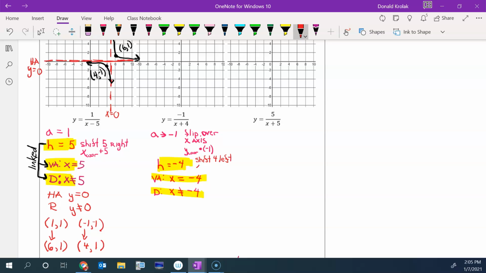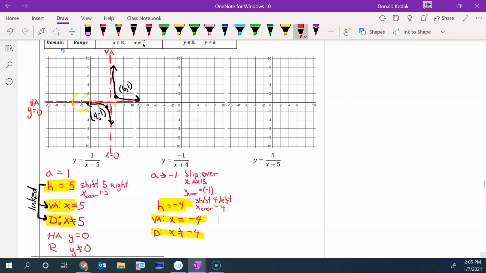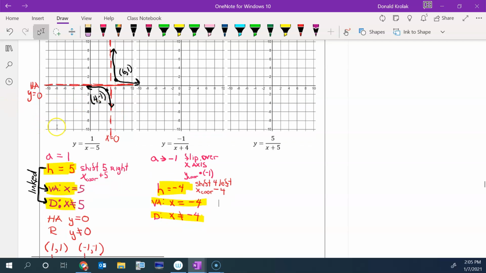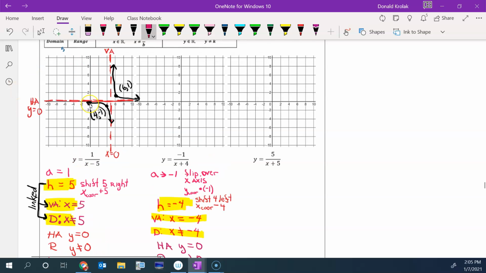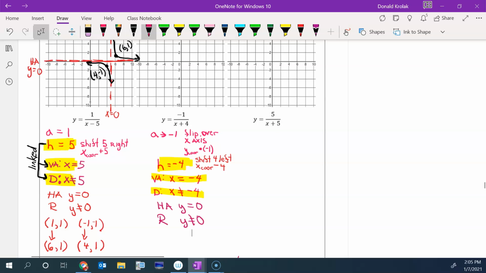And the way we're going to do that is we're going to take the x coordinates and we're going to subtract 4. Graph those guys.